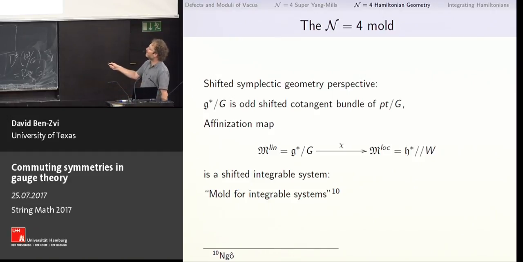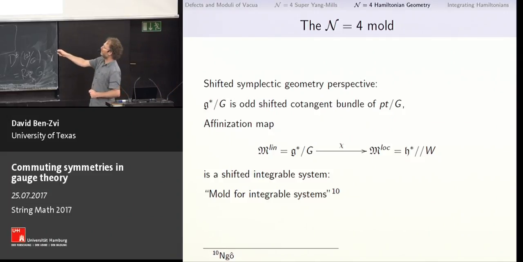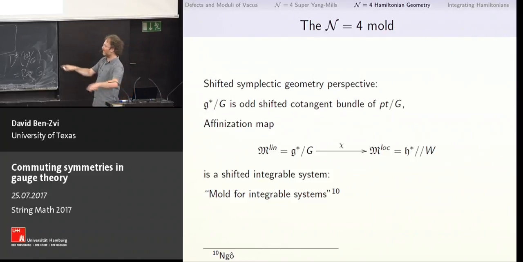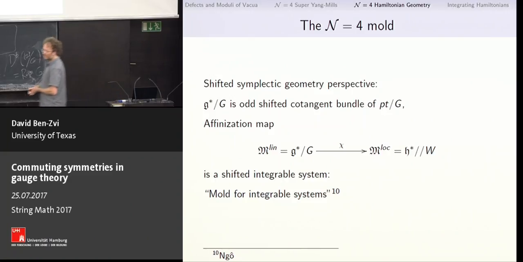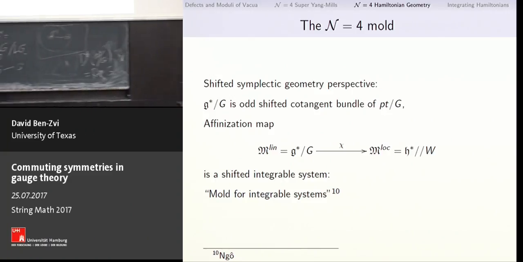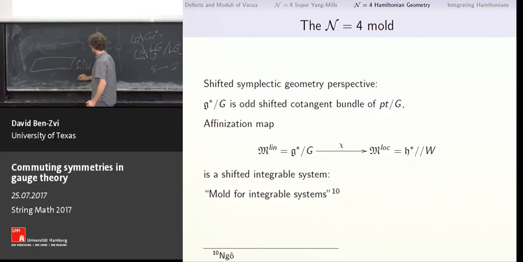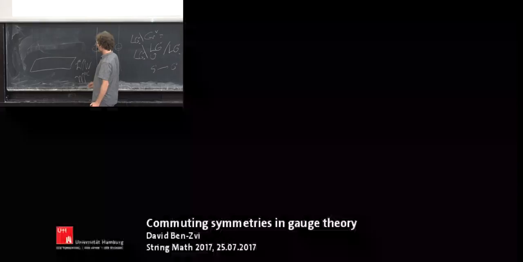And not only is it a symplectic space, but it actually carries an integrable system. This space of line operators carries a canonical map to the space given by local operators, which we had in general for any field theory. That space was really just this affine quotient. So here we have this picture. This is my Cartan mod W, the space given by local operators.